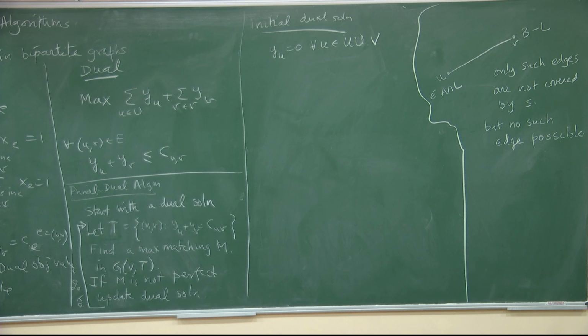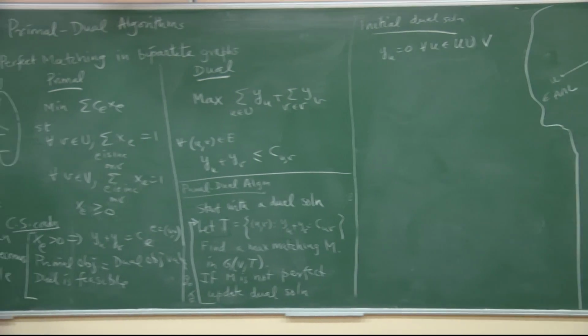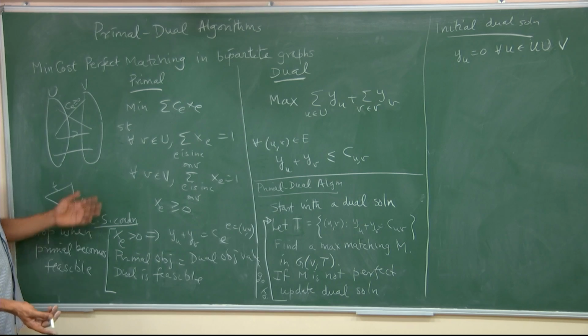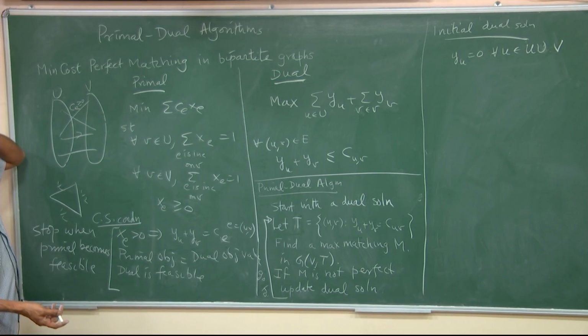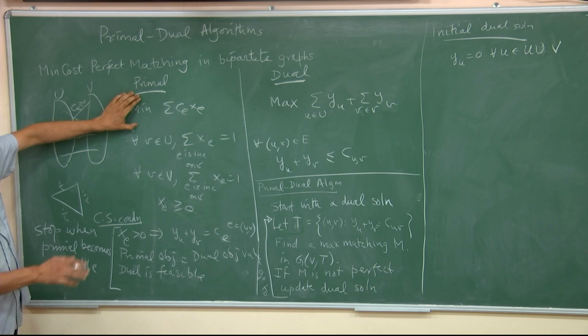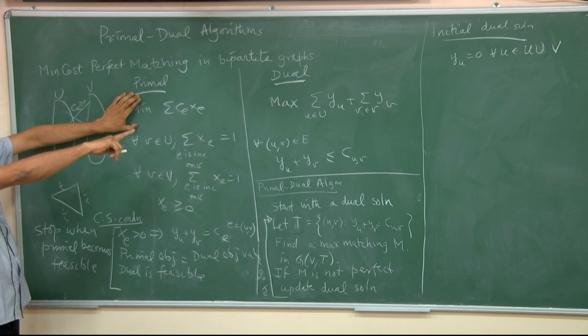So stop. At that time, I have actually reached the optimum. Why? Because from the weak duality theorem, we know that the min of this is upper bounded by the max of that.